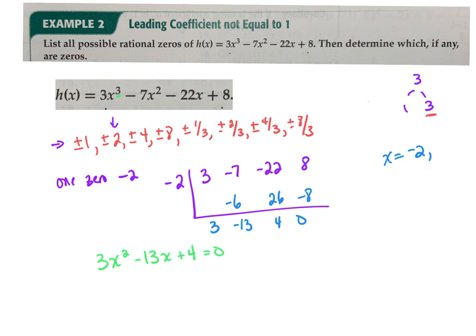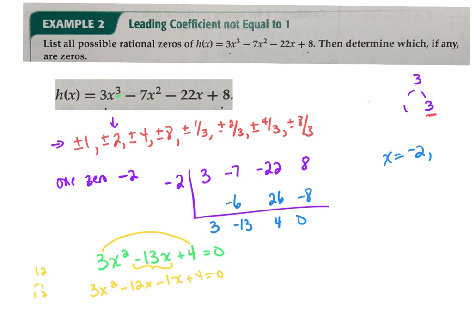If you're good at factoring, once again, factor it. So you can say 3 times 4 is 12. Factors of 12 that add up to 13. Well, that's 1 and 12. So I can say 3x squared minus 12x minus 1x, because that's what I'm doing here, plus 4 equals 0.